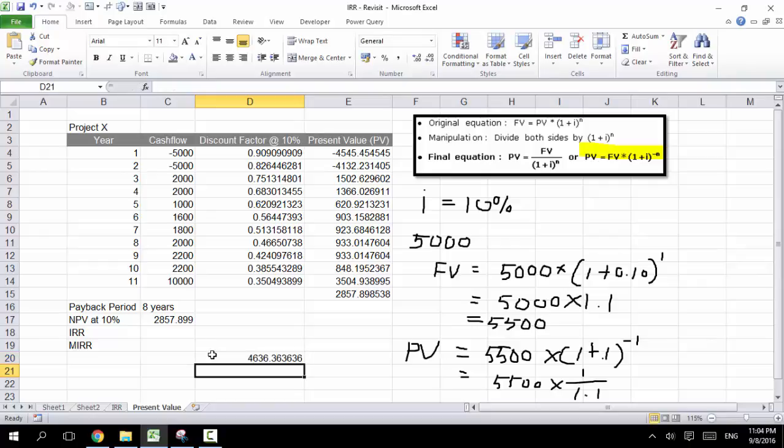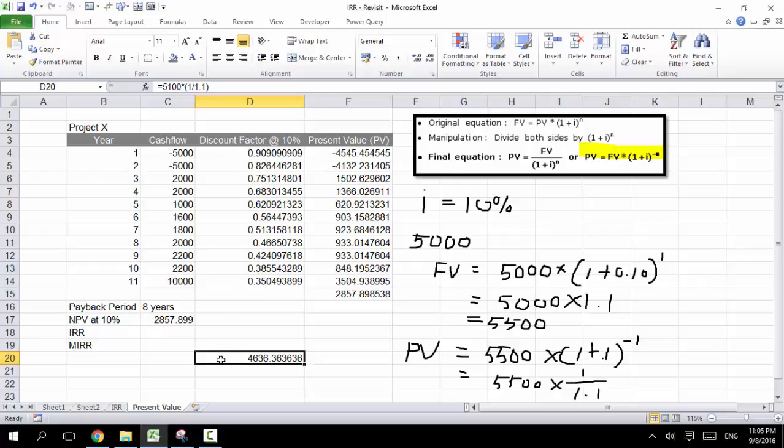So is it worth it? Well, not really, because 5,100 in 1 year's time is actually equivalent to just 4,636 today. Now that is how you get the discount factors.